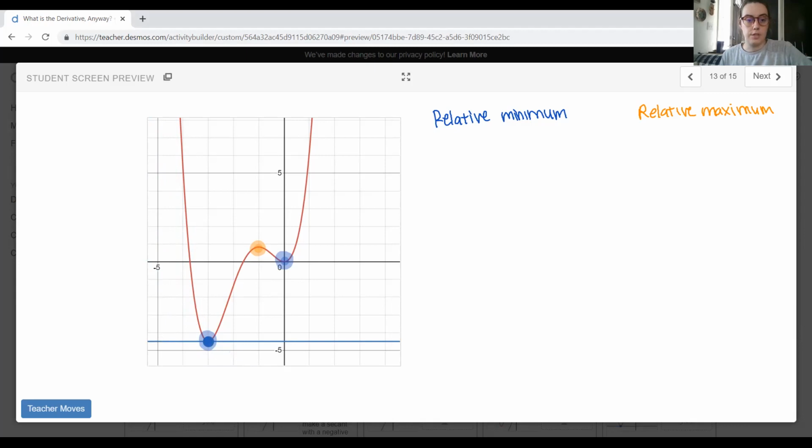What's happening to the slopes after the 0? What do we notice here? So we're at 0. And we can already say for sure that our slope should be positive.